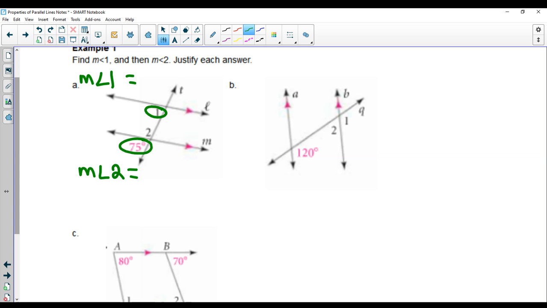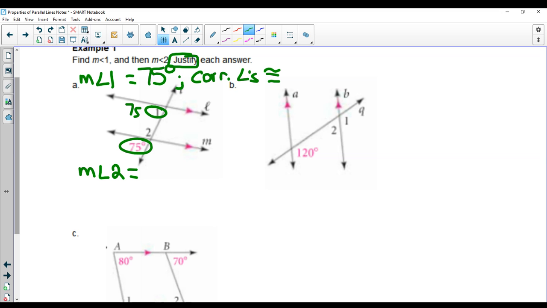They're in the same spot. So we would say angle 1 is 75 degrees. Okay? Now, I have to justify. I have to give a reason. I would say corresponding angles are congruent. That's literally all your justification is. Okay?